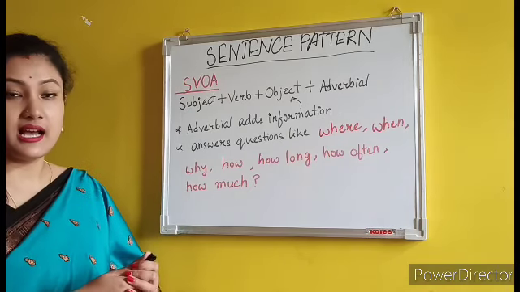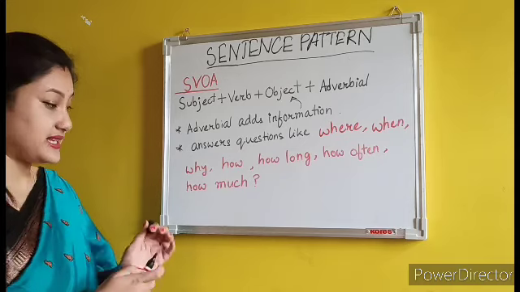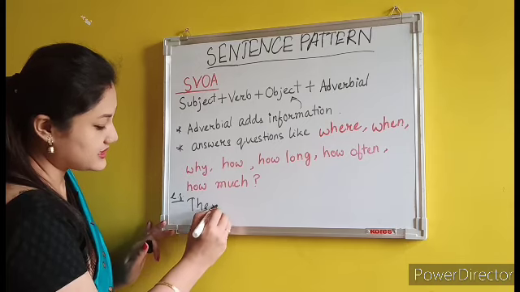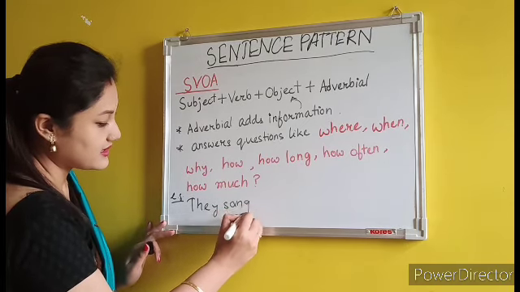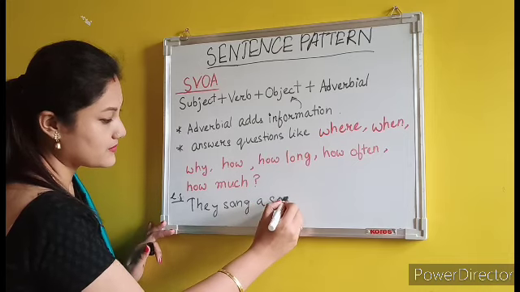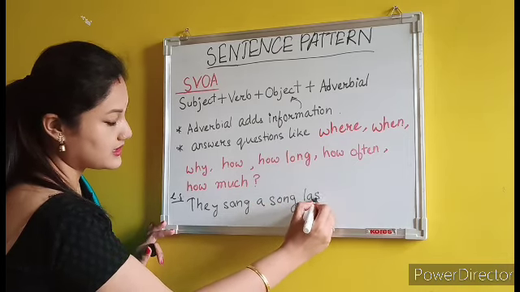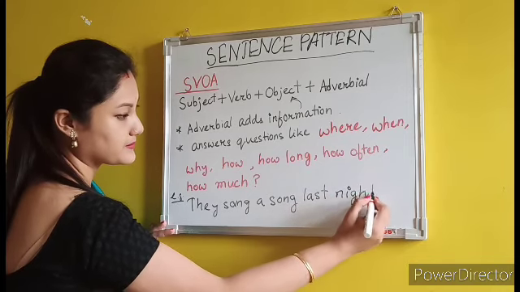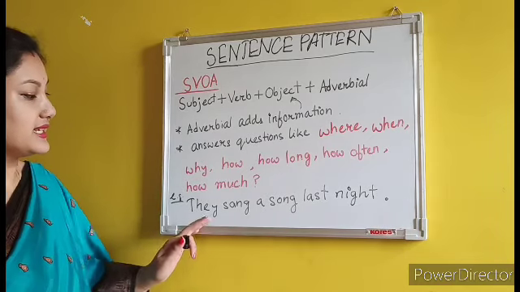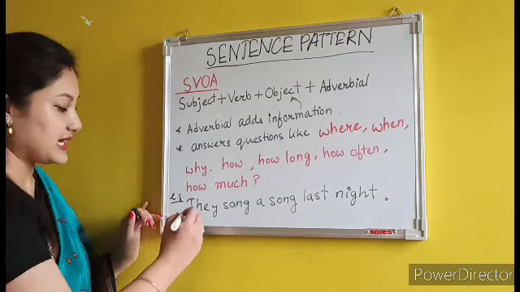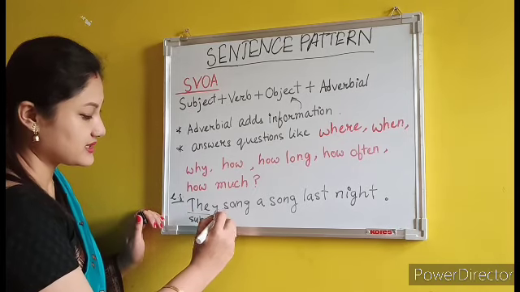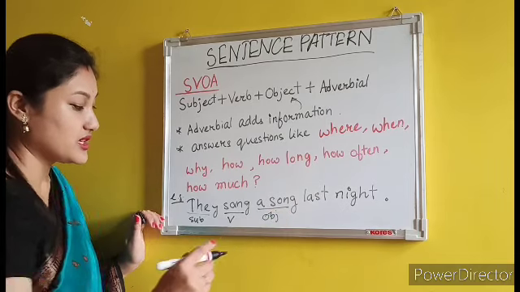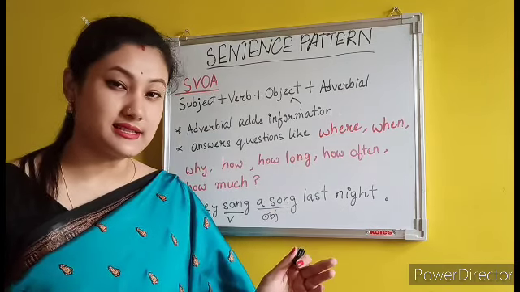They sang a song last night. For example, they sang a song last night. They is the subject, sang is the verb, a song is the object, because they sang. What did they sing?